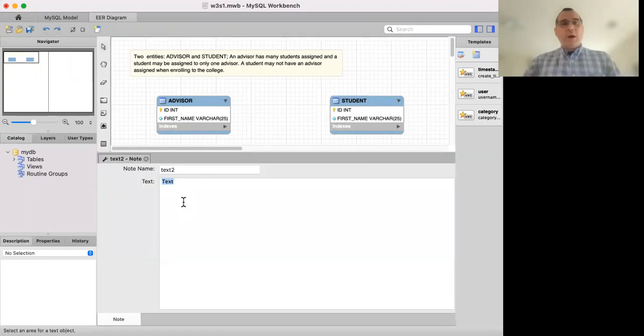So: one advisor, a typical entity instance. Again, it doesn't mean that I will not have exceptions to what I am writing here. How many students associated?